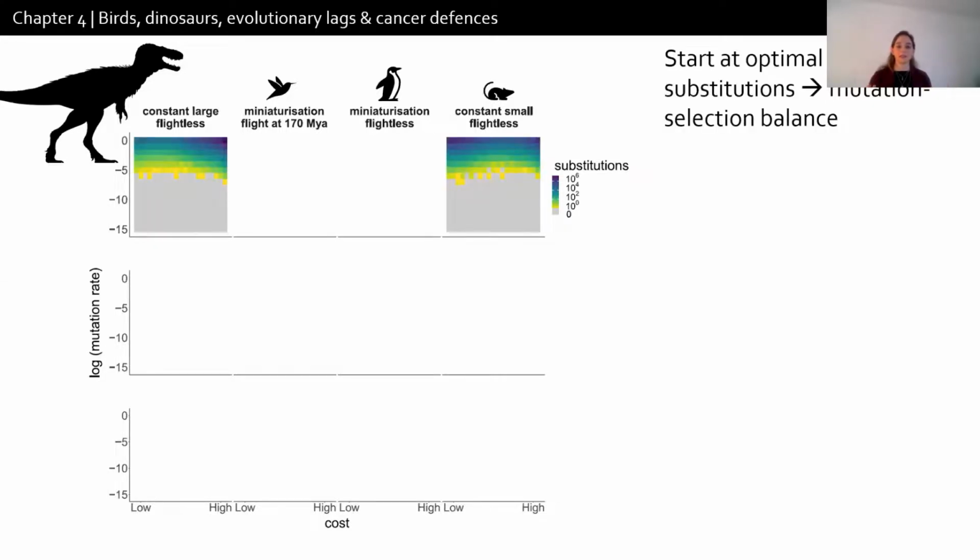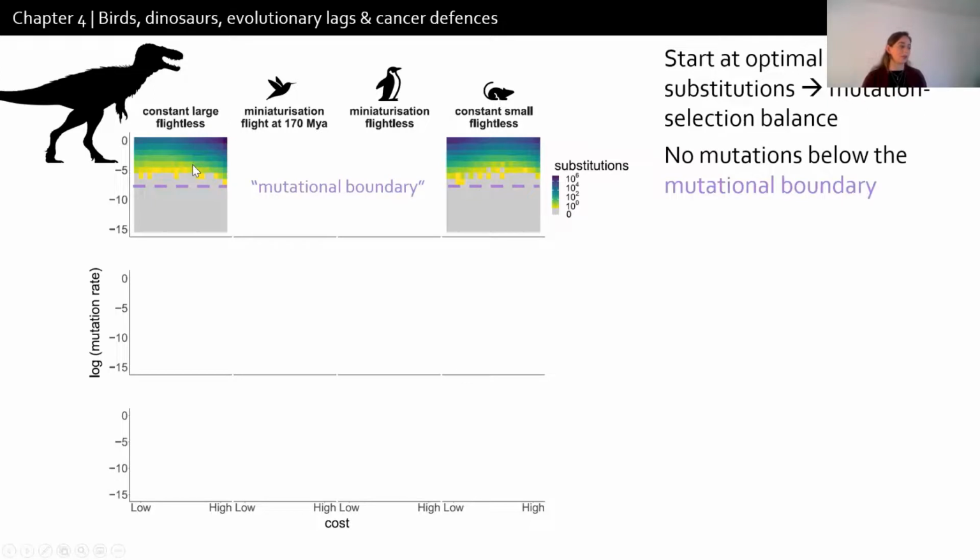So to start with the baseline case, these 2 cases start at their optimal defenses, but they still have some substitutions happening because of this mutation-selection balance. So they basically fluctuate around the optimal defenses that they already have. But what I would like to show is that there is this boundary below which there were no substitutions. And this is what I will call the mutational boundary. And this will be important for understanding coming results.